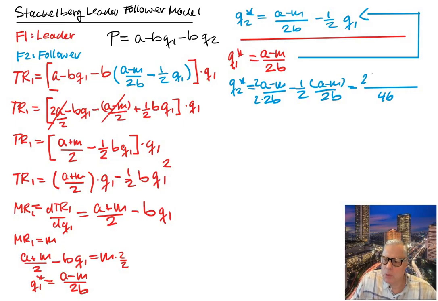Then we get 2a minus m minus 1a minus m, so that leaves us with a minus m. We have the same numerator, but a different denominator, a minus m over 4b. Okay, so those are the optimum quantities.